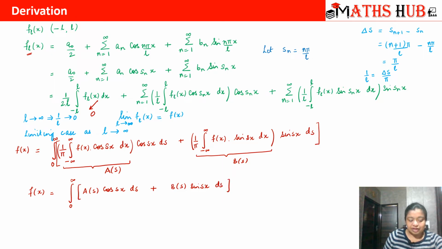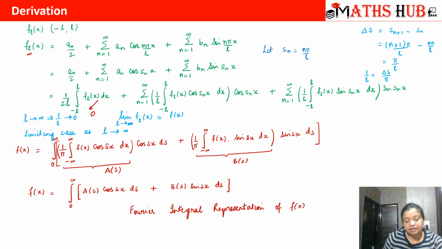So I can write it like this. This integral representation is called the Fourier integral representation of the function f(x).